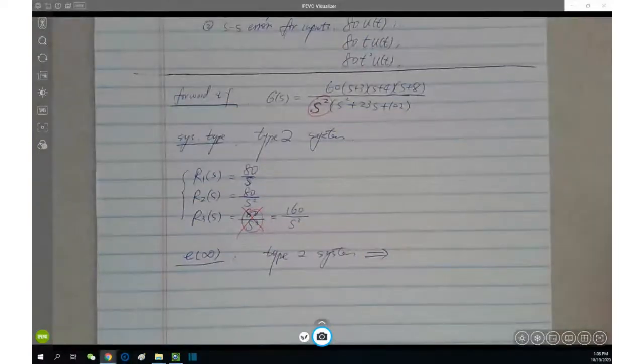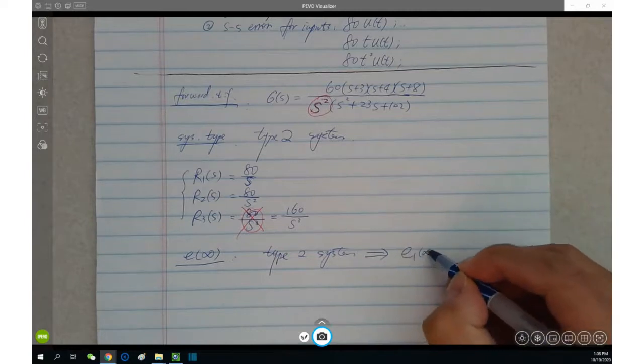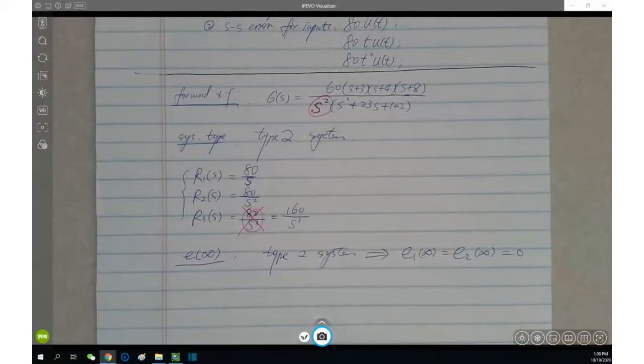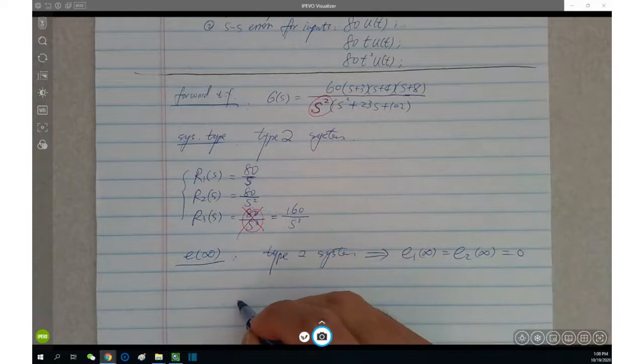I summarized the 3 different types of system, at least 3 types, and the corresponding resulting steady state error for different inputs. So what's the conclusion? Very easy, right? Once again, 0 steady state error for step and ramp. You don't need to do anything, just have that conclusion listed here.